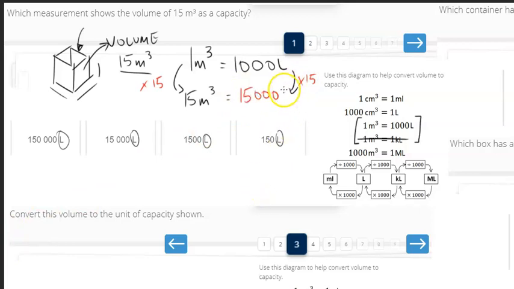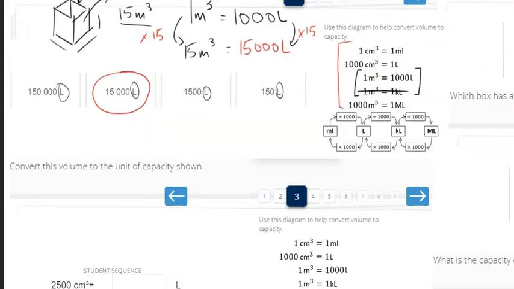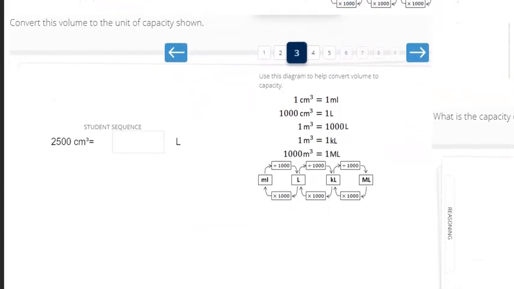So 15,000, and specifically 15,000 liters, is our answer, meaning 15,000 liters can fill up this 15 cubic meter volume. So be careful with how you approach this, because some of the questions in relation to this can get quite tricky. Now we'll look at another one to help us out.